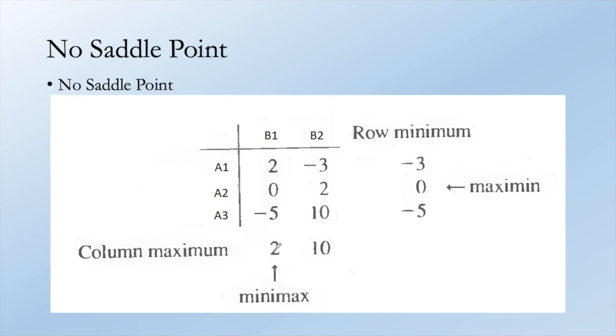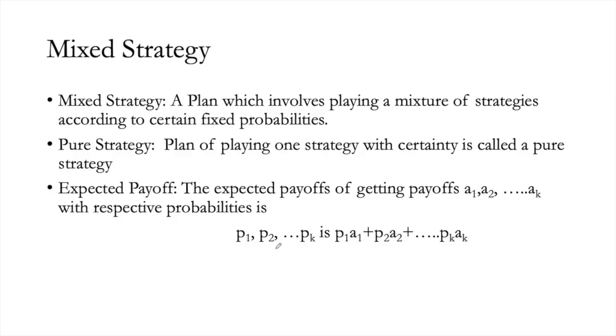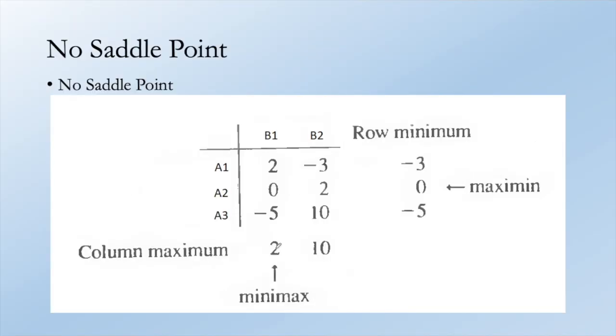If there is no saddle point, that simply says that in this case the players cannot apply just one strategy. They have to apply a number of strategies. Then we say that it's a mixed strategy game. A mixed strategy is basically a plan which involves playing a mixture of strategies according to certain fixed probabilities. Say Alice is going to apply A1, A2 and A3, but how many times A1, how many times A2, how many times A3?